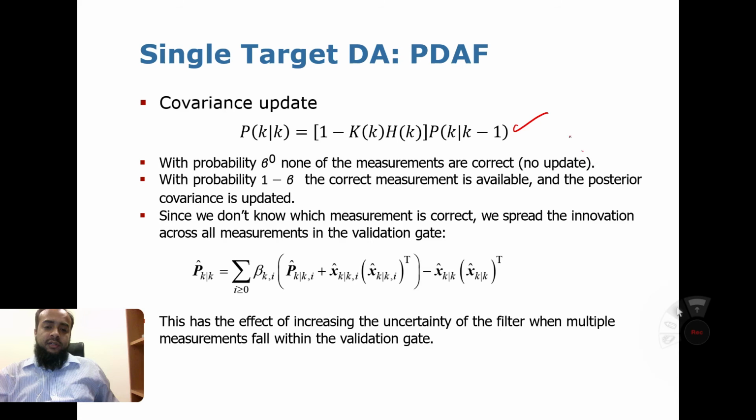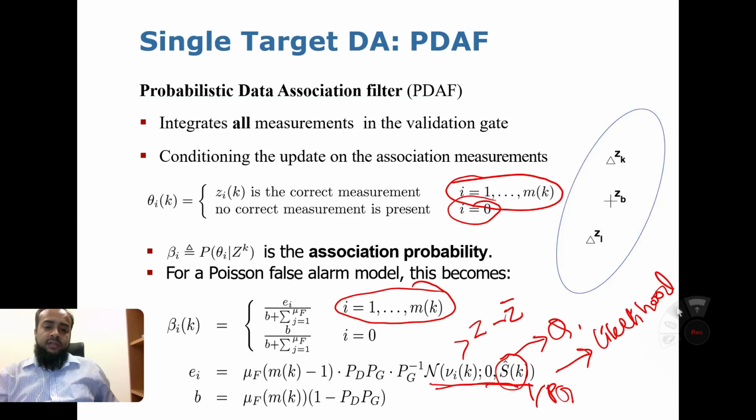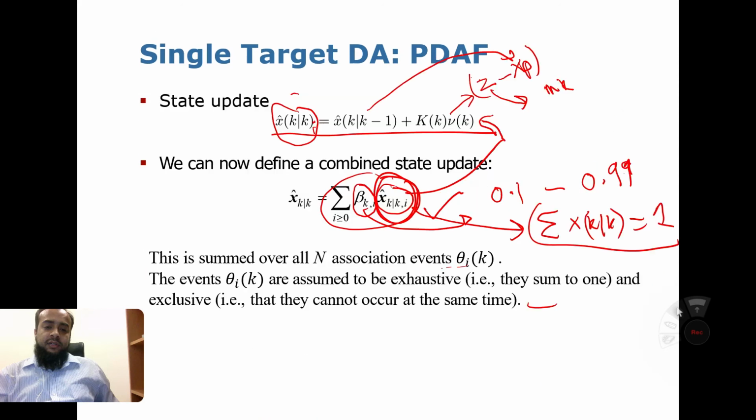If there is no update, then beta equals beta 0, given by this equation. If there is no measurement, then there is the false measurement, with probability 1 minus beta. So this is the measurement 0 association probability, the false measurement.